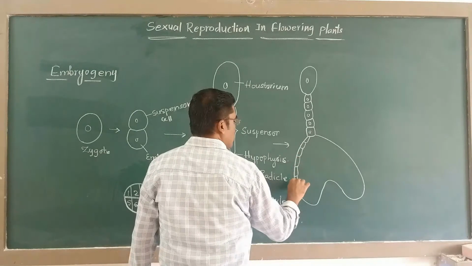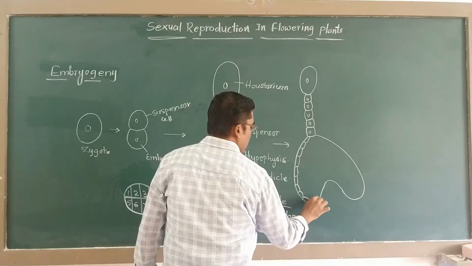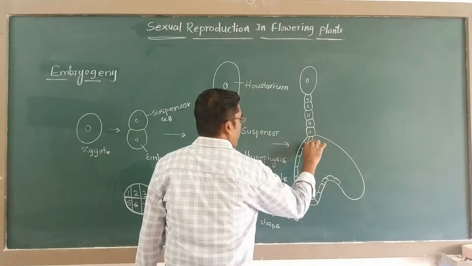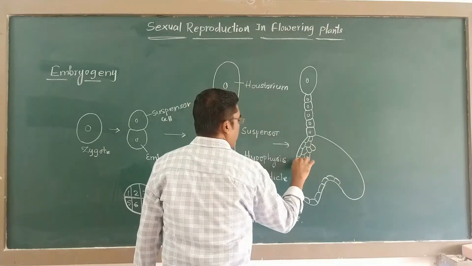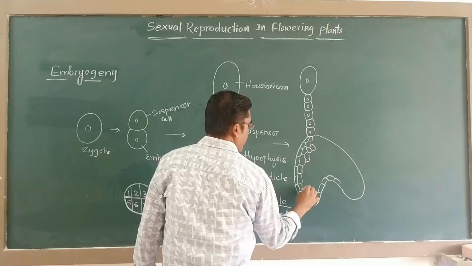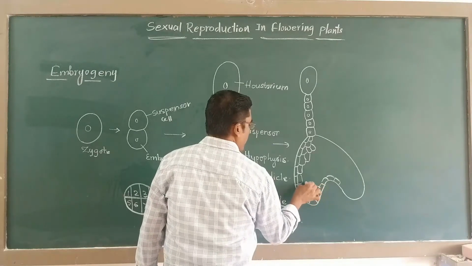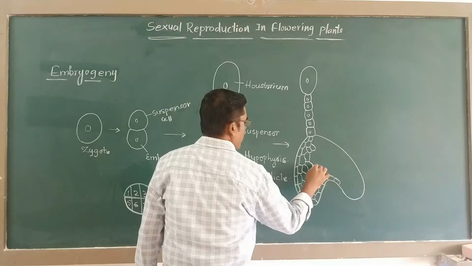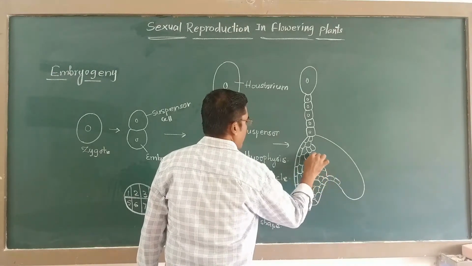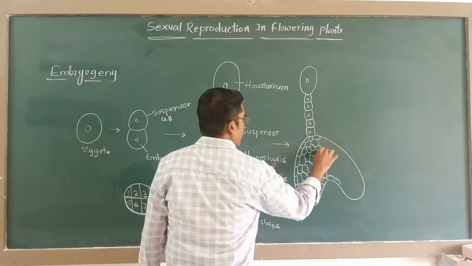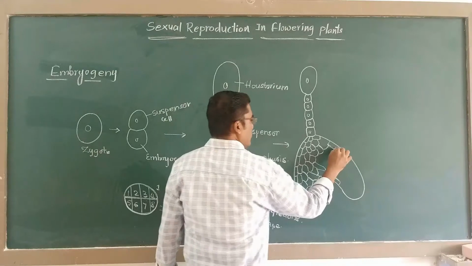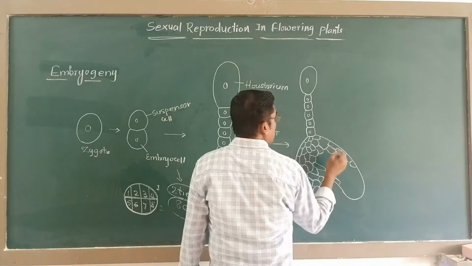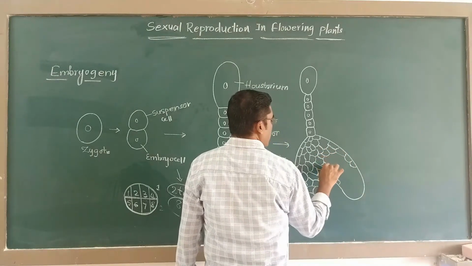This heart shaped structure comprises so many cells. Many cells are present here. You observe the shape of the embryo. This one is the heart-shaped embryo.